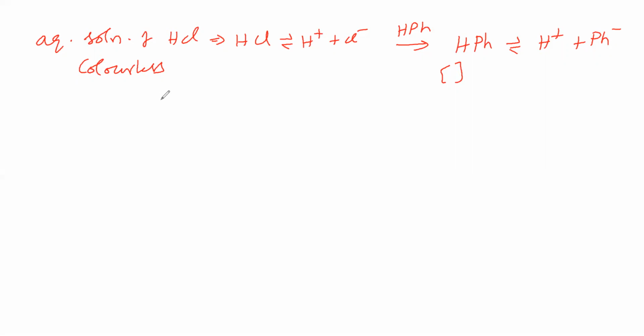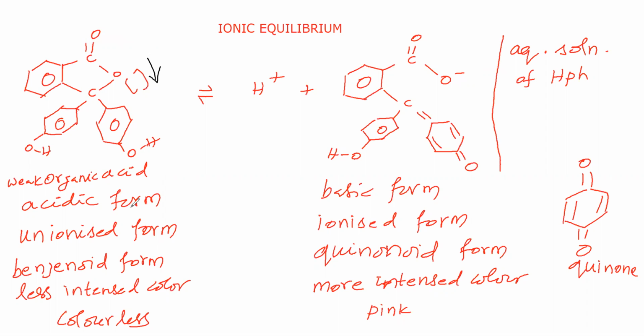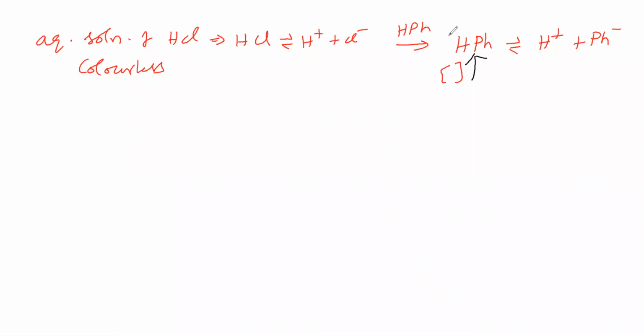How will the concentration of the unionized form be in these two solutions? The concentration will be low in the aqueous solution of phenolphthalein, whereas in the HCl solution the unionized form concentration will be high.